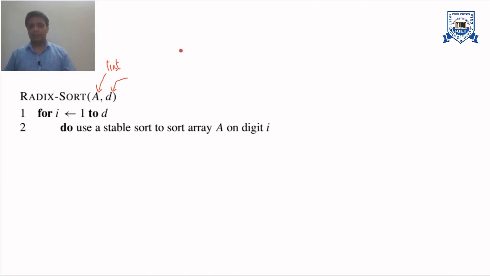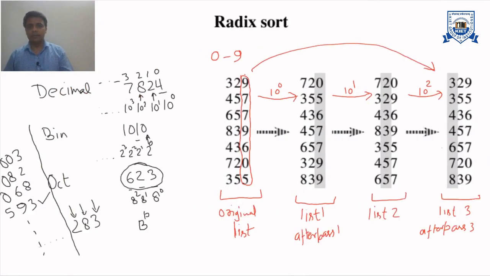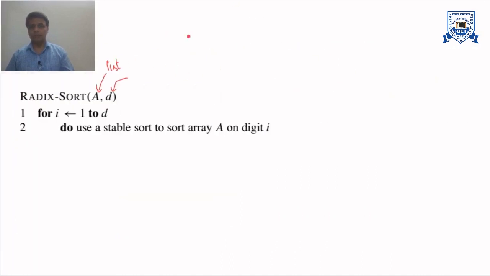As I told you in the previous slide, in this list, if 593 is the maximum value and it has 3 digits, then the value of D would be 3, and we would convert all the numbers into 3 digits. So D is the number of digits in the largest number.